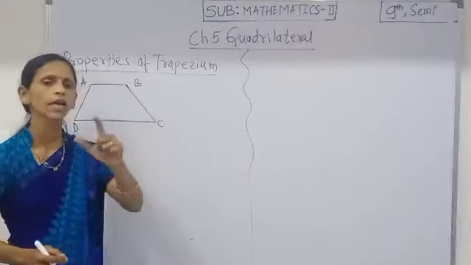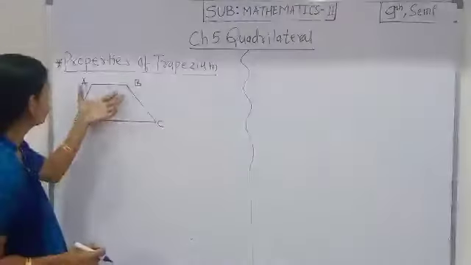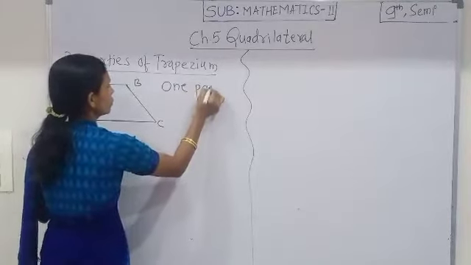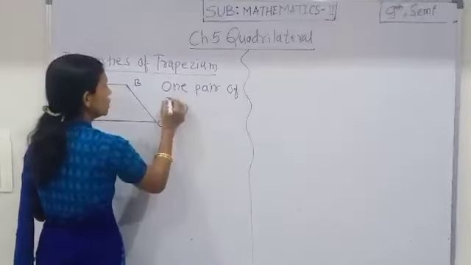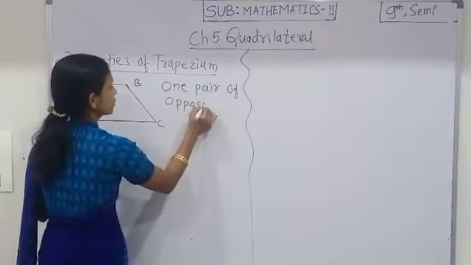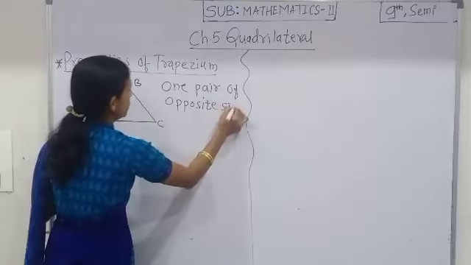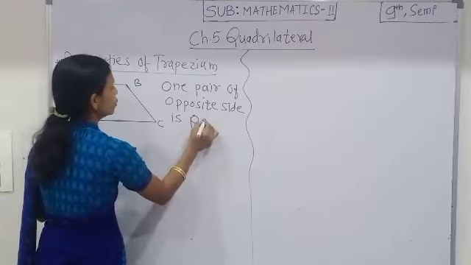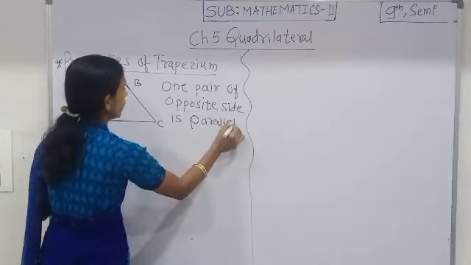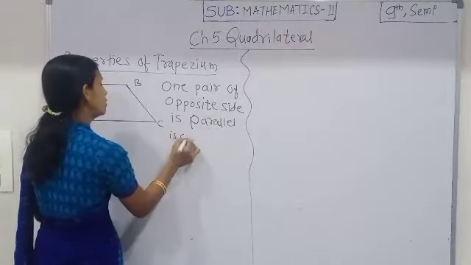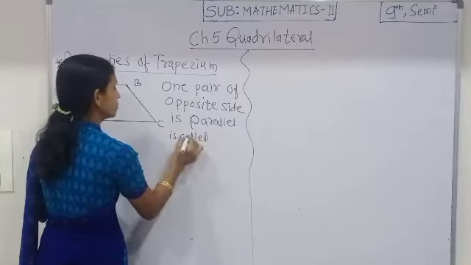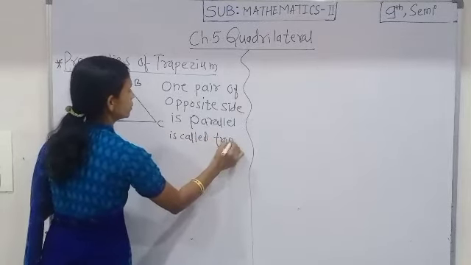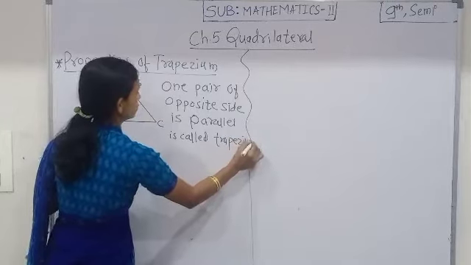It is a type of quadrilateral in which one pair of opposite sides is parallel to each other. It is called a trapezium.